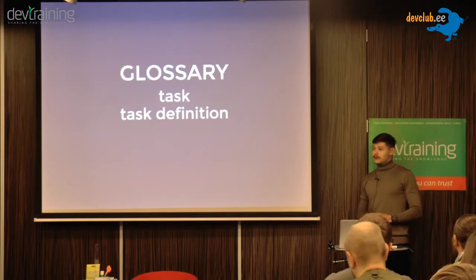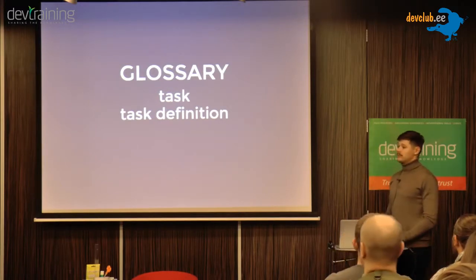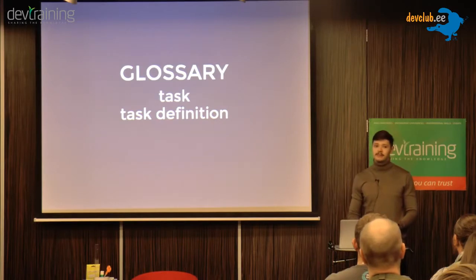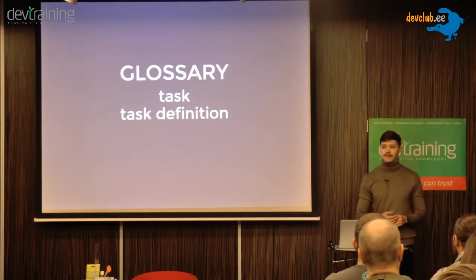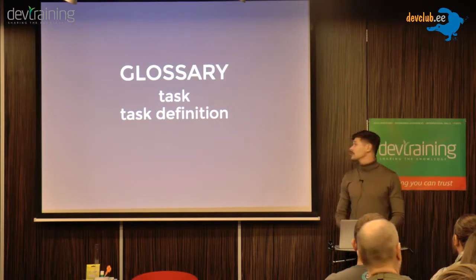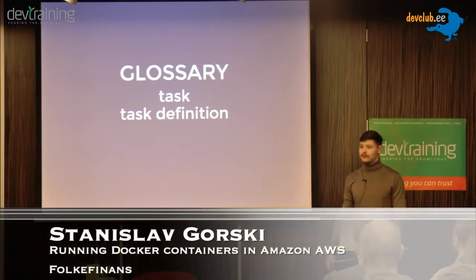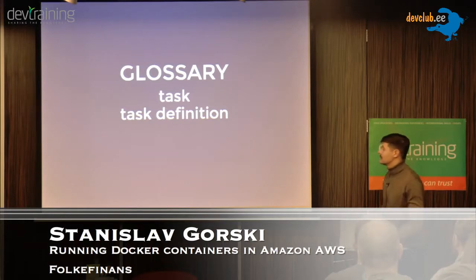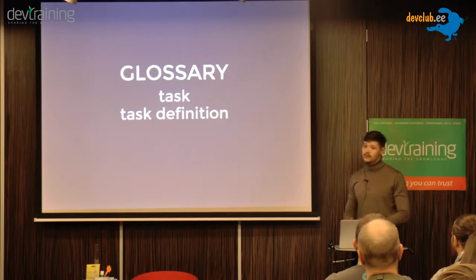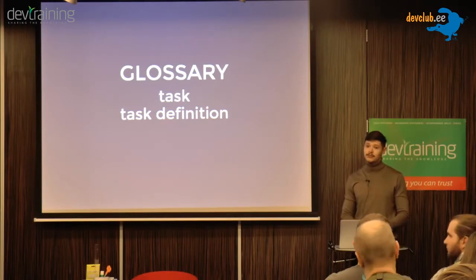And a task is described by a task definition. It's a configuration that can be made in JSON or via the AWS user interface, and it describes where you pull the image for this container from, how much resources you allocate. Then you can also specify tags for the image.